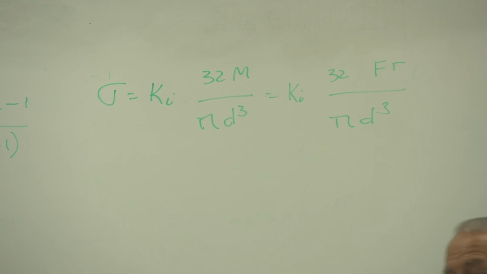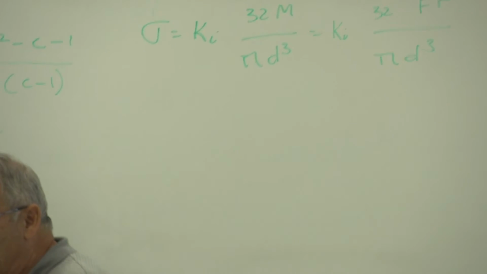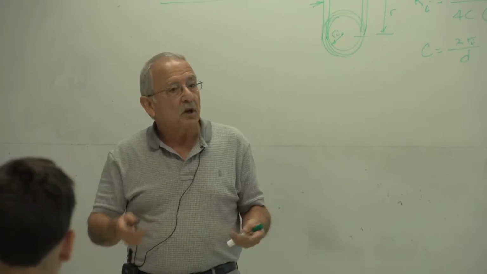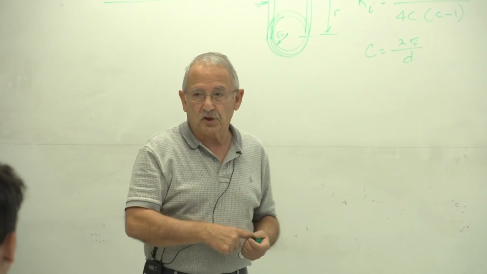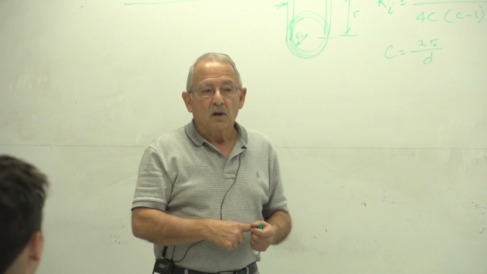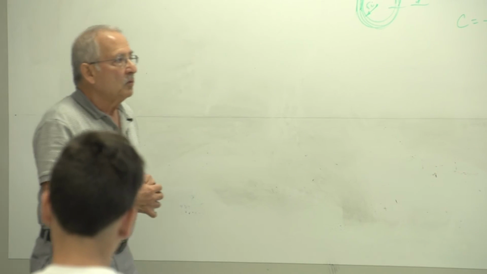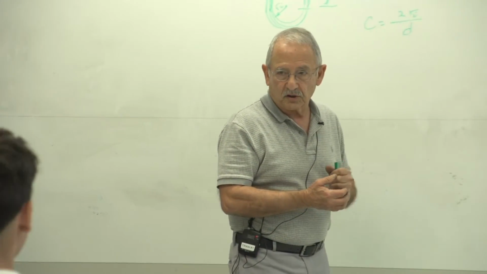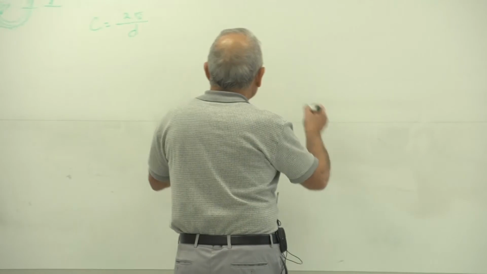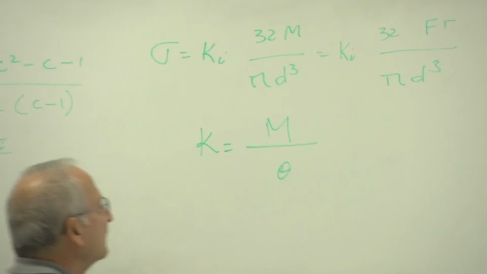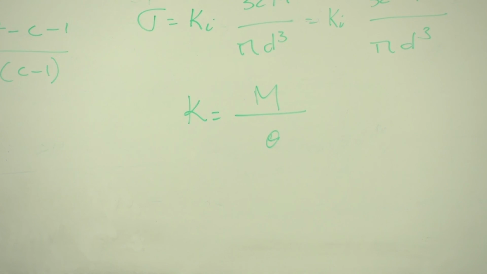I would not suggest moments per degrees, but theoretically, if you want to define it that way, you can. A better way to define it, moment per revolution. In order to do that, we need to find the spring constant. And that spring constant is defined like that. The ratio of the moment and the rotational angle.